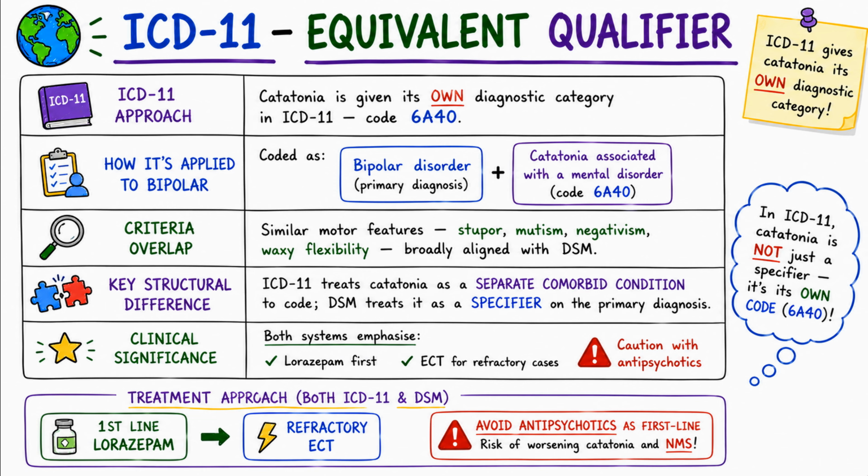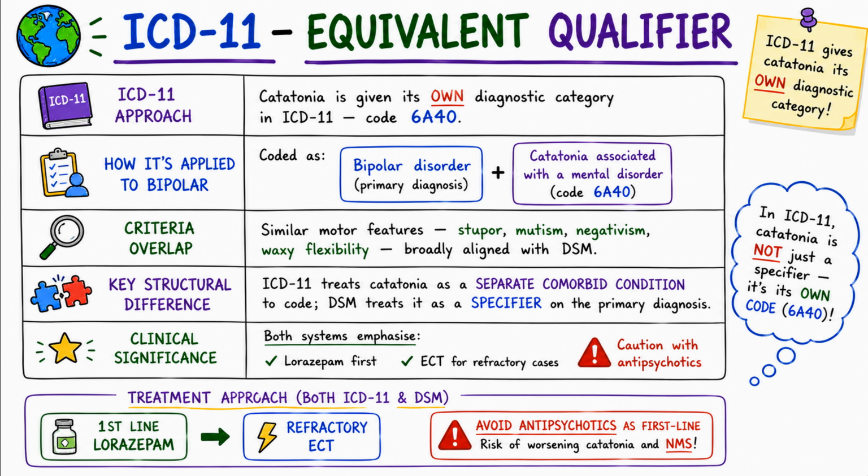ICD-11 has made an interesting structural decision with catatonia. It gives it its own diagnostic category, code 6A40, rather than just folding it in as a specifier on another condition. So in ICD, if a patient with bipolar disorder develops catatonia, you write both diagnoses, the bipolar diagnosis, and then separately code catatonia associated with another mental disorder.